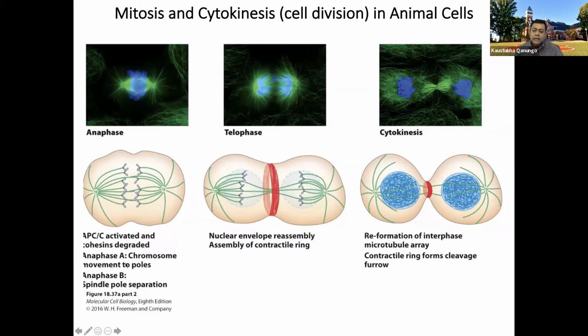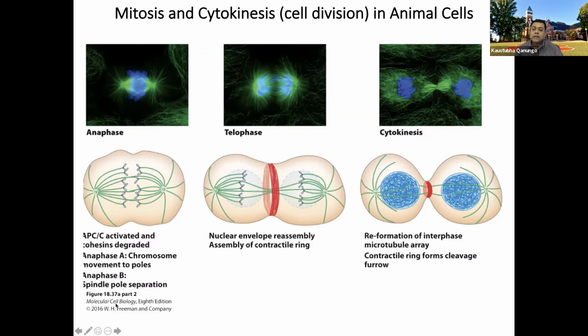So then in the anaphase A part and the B part, there are some specific things happening. And again, there is no separate anaphase A or B, it is all happening together. But for the purpose of our understanding, we discuss them separately. So in anaphase A, the chromosome moves towards the pole.